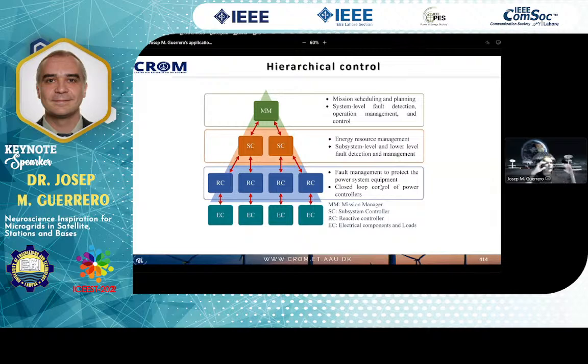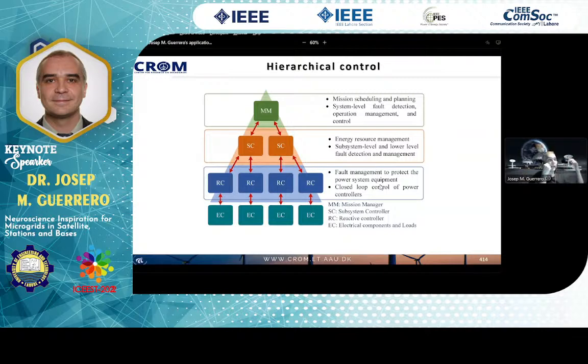Of course, we will need hierarchical control, the same that we have in our electric systems and in our brains. Reactive controllers are more like the cerebellum, or primary control. Then secondary control, what we call the subsystem control, is something similar to the limbic system.